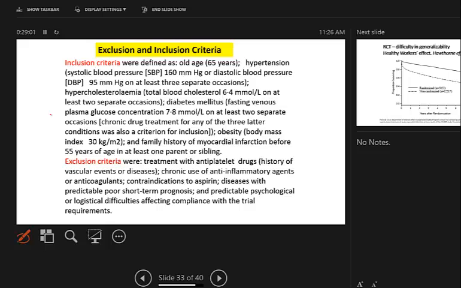The more inclusion and exclusion criteria you use, the more the result from the RCT might not be generalizable to the general population. It's applicable only to a limited population, very similar to the people you would enroll in the RCT after using this huge list of criteria. So generalizability is an issue with RCT.